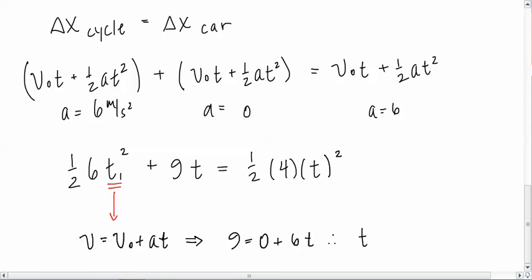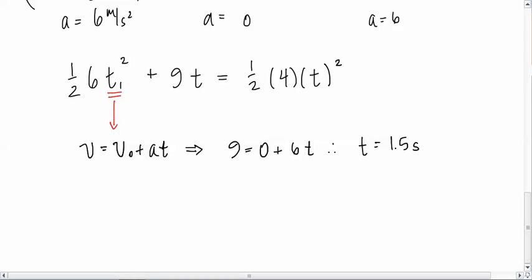Therefore, time is 1.5 seconds there. So that's the time that it is accelerating.